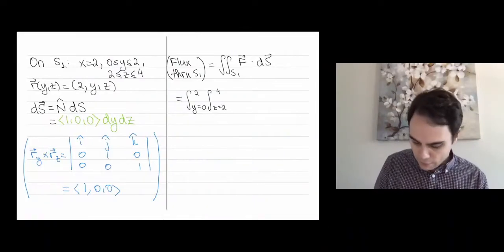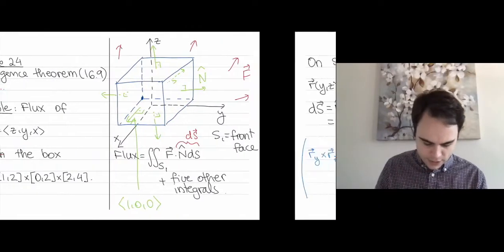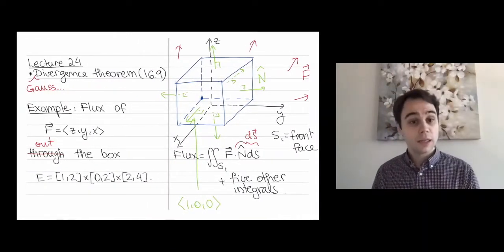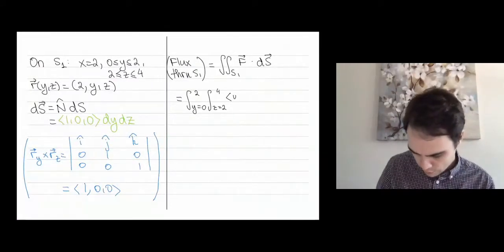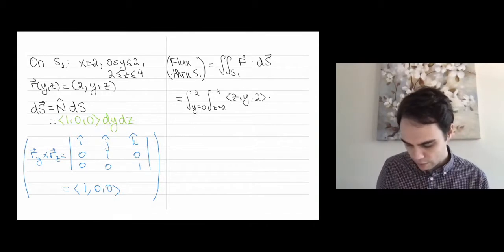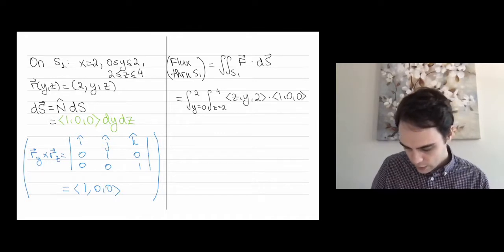And then F is y, z, x. In terms of y and z, the parameters, I get z, y, and then 2, because x is 2 on this plane, on this face. And then dS is just 1, 0, 0 times dy dz.